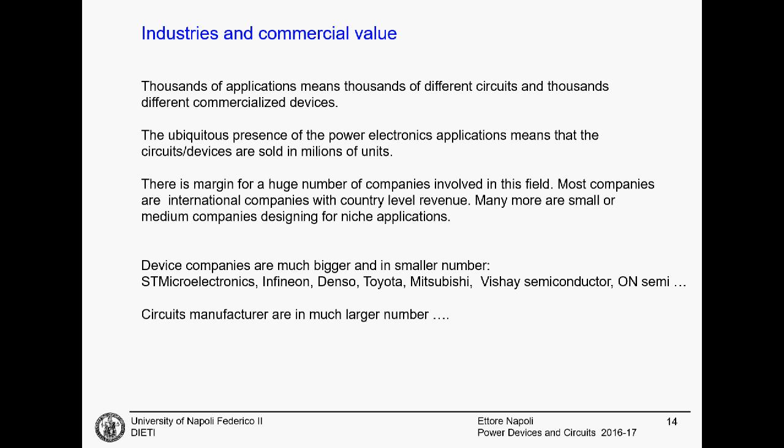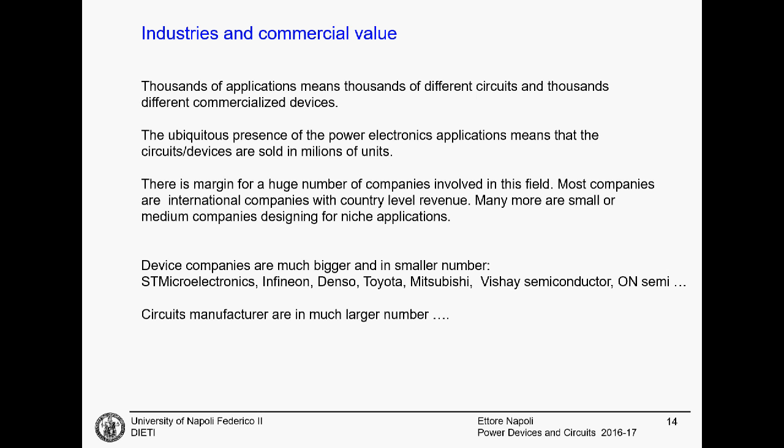Since the applications are so different, there is margin for a huge number of companies in this field. It's not like in digital high-performance CPUs, processors. There are very few companies that drive the market, because once you design a very efficient CPU, you can use it more or less everywhere. It's not like this for power circuits.